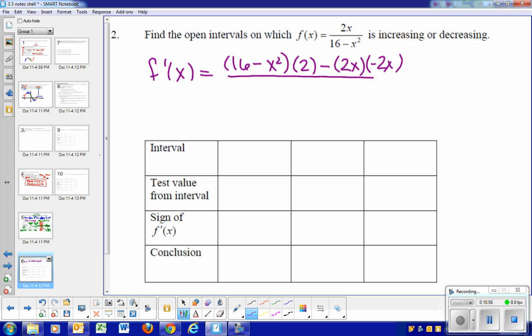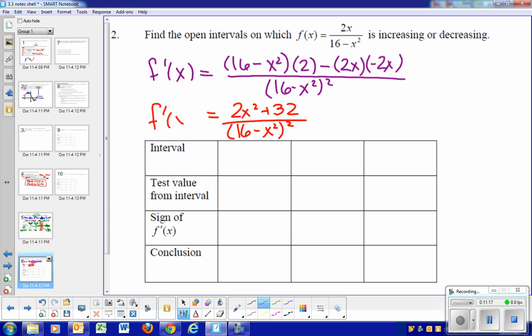And this is all over the denominator squared. Okay, when I clean this up a little bit, I get 2x squared plus 32 over 16 minus x squared quantity squared. Okay, so understand that this is in fact the derivative.